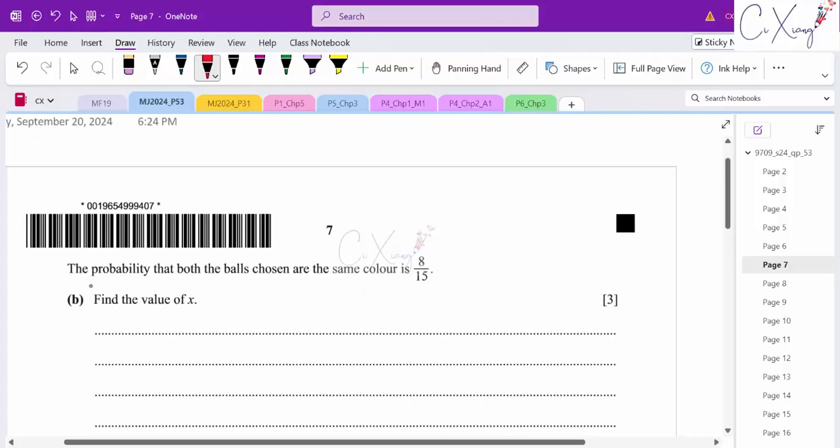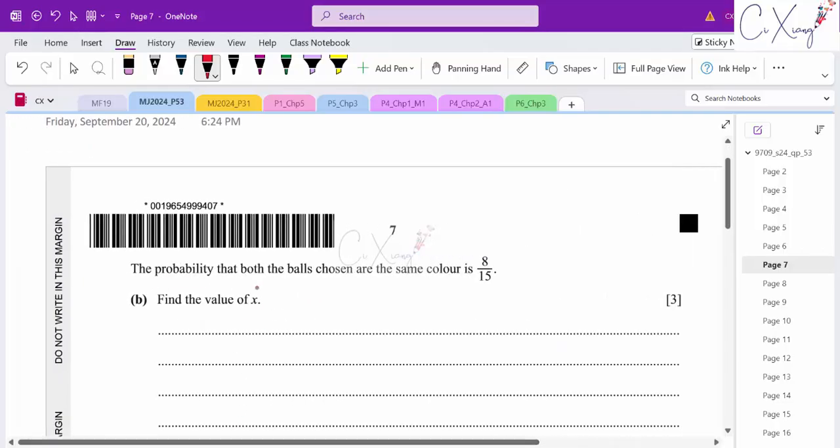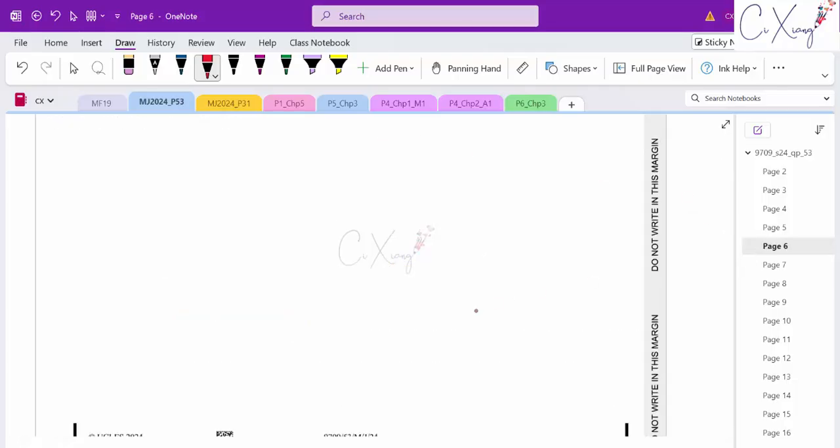For part B, they said the probability that both of the balls chosen are the same color is 8 over 15. They want us to find the value of x. So the probability of the same color equals 8 over 15. We have to look at our tree diagram just now.